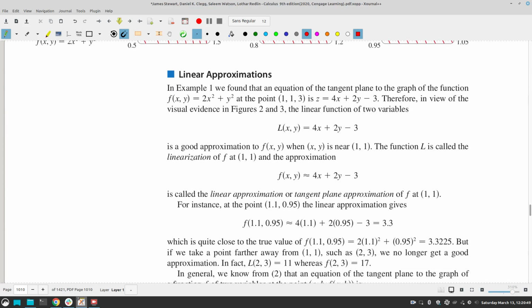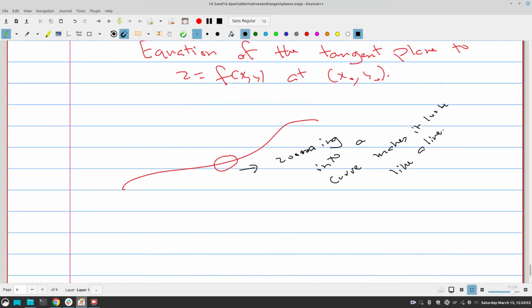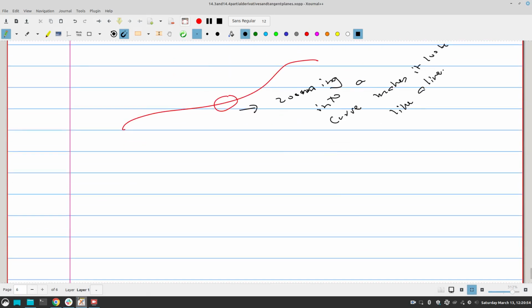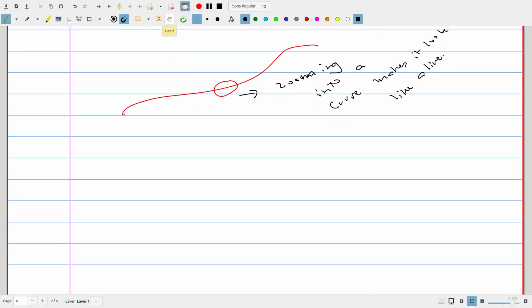Okay, so now let's say we have the equation of the tangent plane, z equals z0 plus fx at x0, y0 times (x minus x0) plus fy at x0, y0 times (y minus y0).